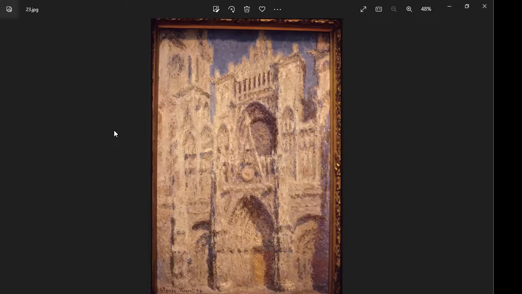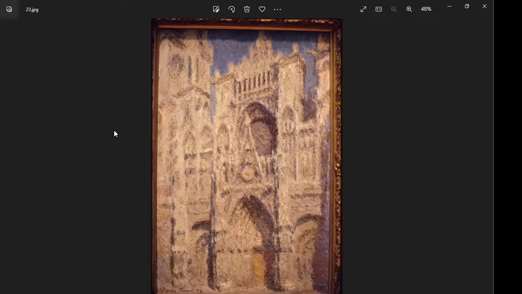So what are we looking at here? Okay, we're looking at the front of a cathedral, one of over 20. This is a very important fact about the meaning of this. One of over 20 views of the exact same scene. That's what Monet became famous for, repeating over and over the same scene, but each time a different light. So his subtitle is part of the meaning of this.